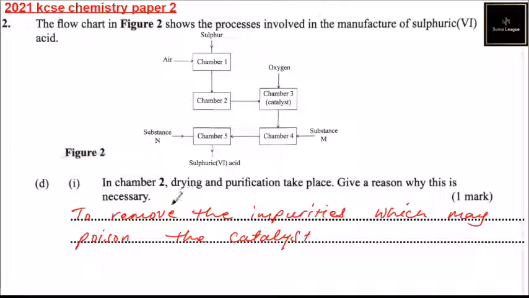So the impurities may cover the catalyst and make it less effective or ineffective. So that's why we need to do the drying and purification. We go to the next part.